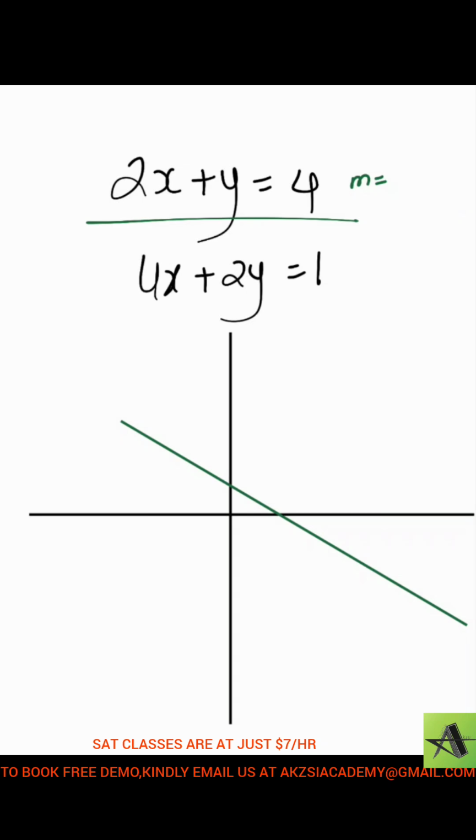In the first case, where we were getting a unique solution, we found the gradients are different, so they will be intersecting at one point. In the second case, where we got infinite solutions, we found that the gradient was the same, so they can be parallel or overlapping. When they have the same y-intercept, that means they are overlapping and you will find infinite solutions. Now this is the third case. First we have to calculate the gradient.